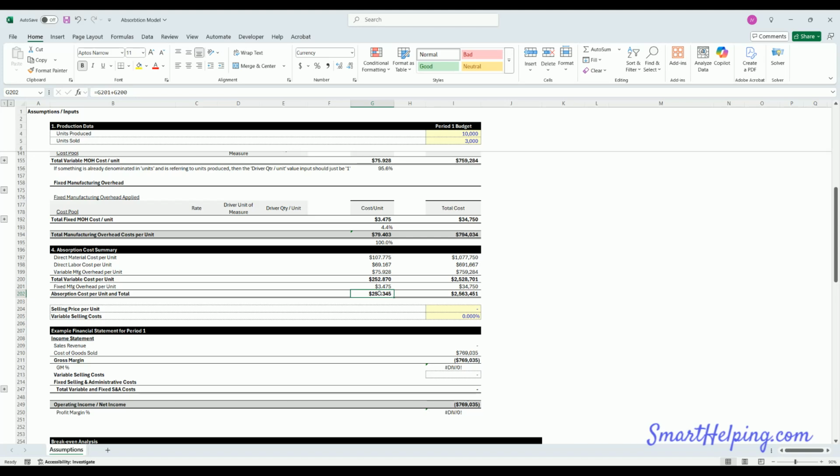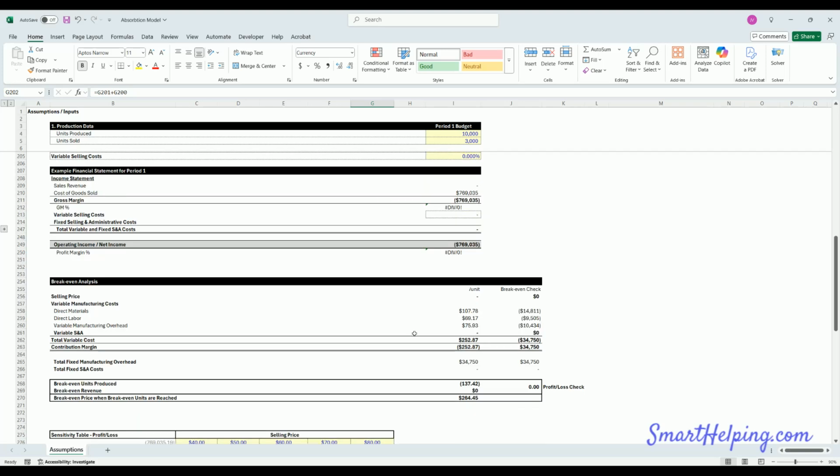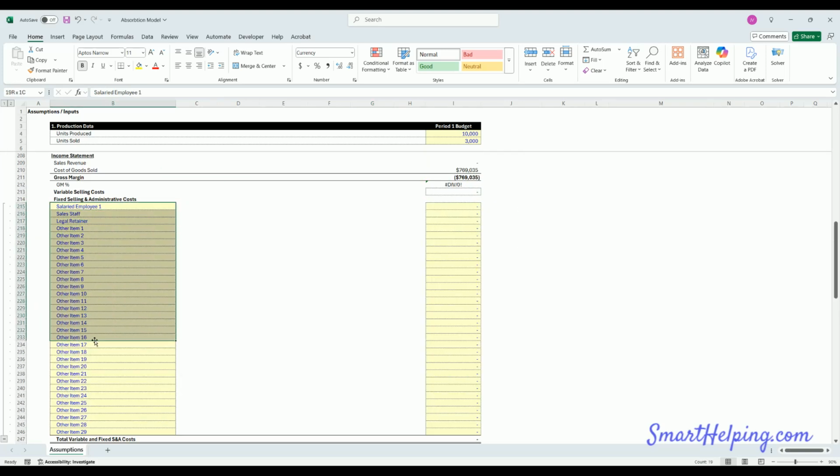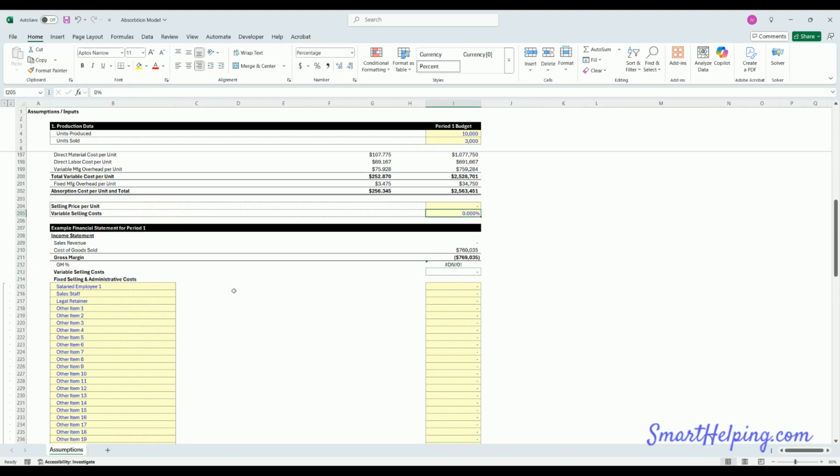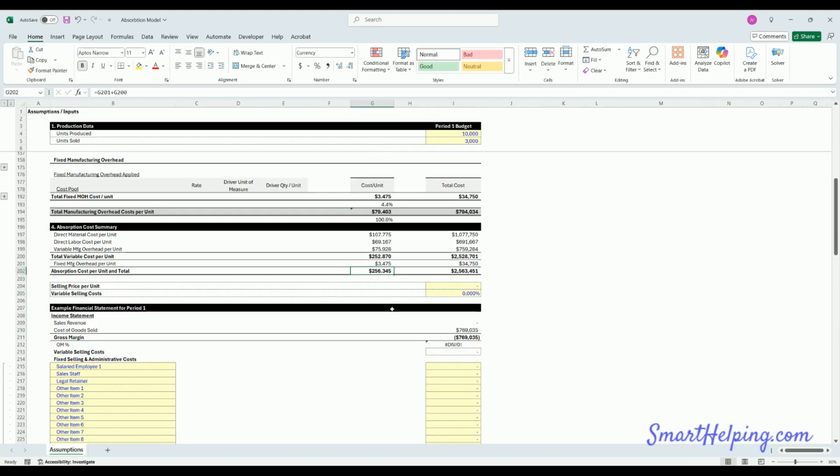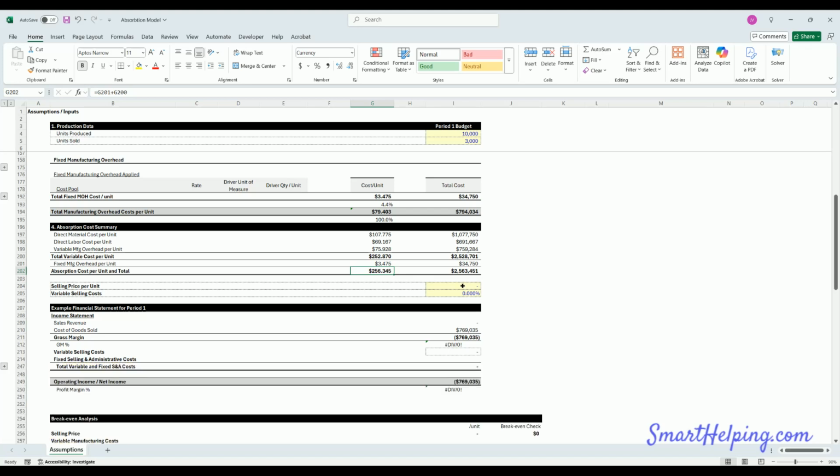Now, if we know it costs $256 to produce one unit, there are potentially other costs here. We have potentially fixed selling and administrative costs as well as a variable selling cost. We want to charge more than $256, so let's say we want to charge $350 a unit, and maybe there are selling costs of, let's say, 3%.